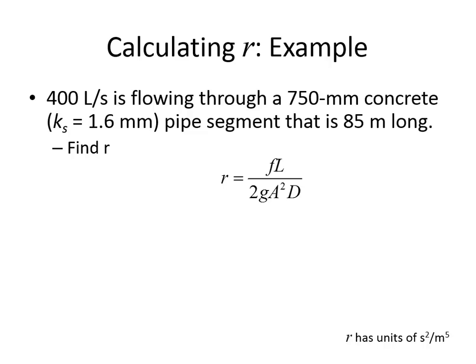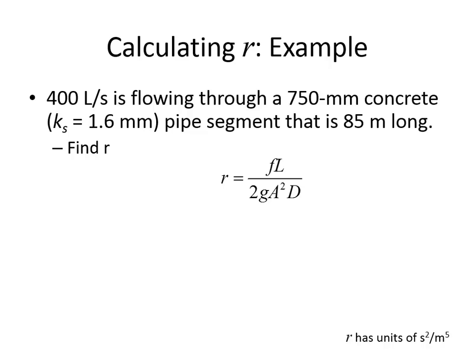But we do know the flow rate, and we can calculate the velocity. So here the velocity is going to be Q divided by area. Works out to 0.905 meters per second. And so the Reynolds number can be calculated by V times D divided by the kinematic viscosity. That's 679,061.